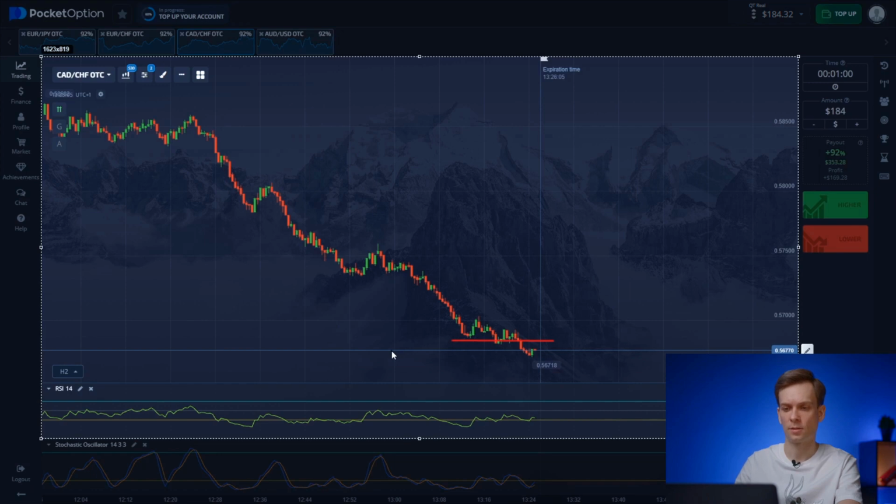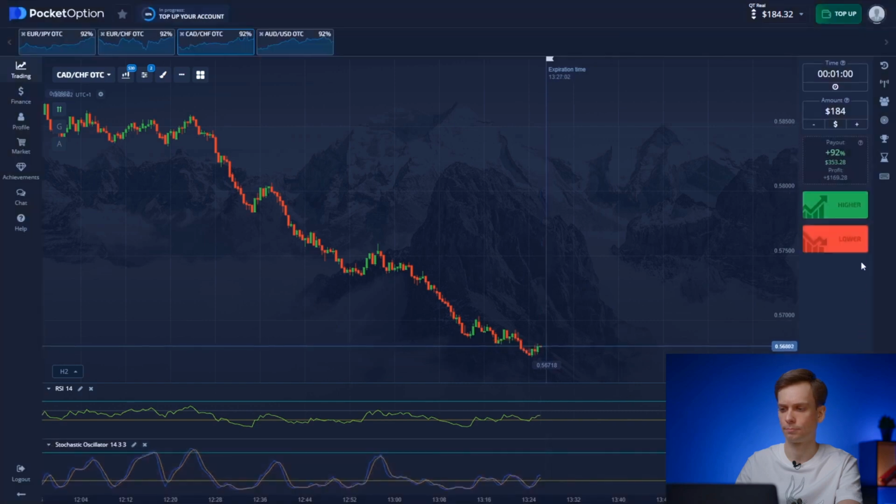Now it's turned into resistance level. The price reached its peak and then went through a prolonged downtrend. Currently, both indicators are signaling a bearish trend, so it's a downward investment. Yeah, here we go.